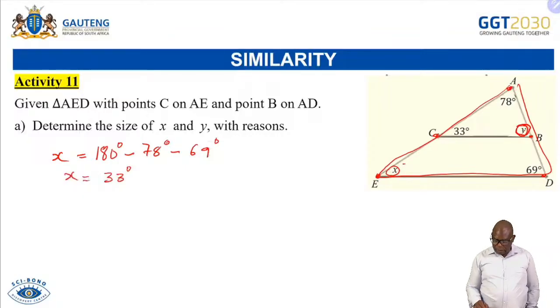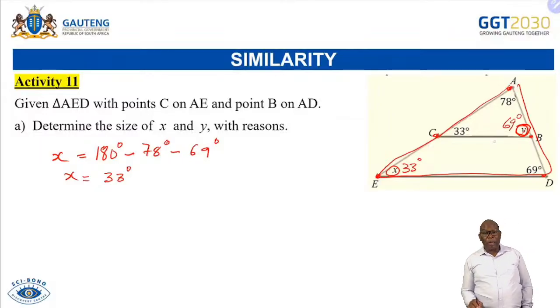If this angle here is 33 degrees, I can now get that one. Because that angle here will be 180 degrees in a smaller triangle, minus 78, minus 33, and this gives me 69 degrees. What do I know? I was never told that BC and ED are parallel.